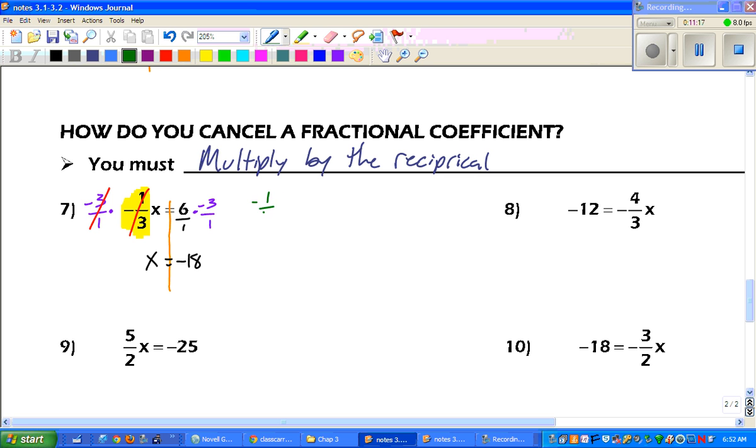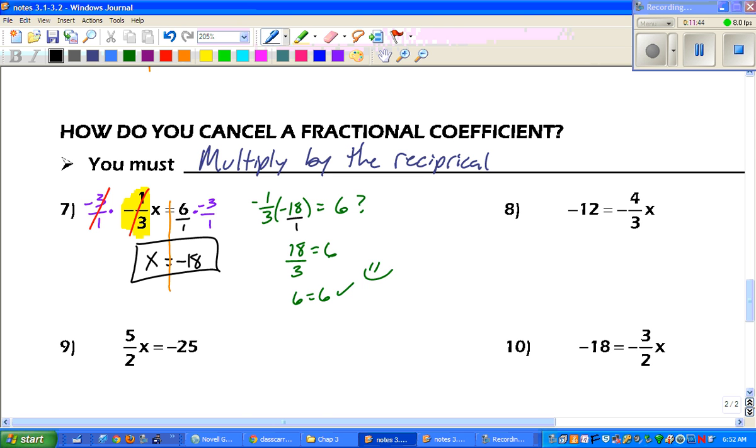Okay? Now to do the check right here, does that equal 6? Negative 1 times negative 18 gives us 18. 3 times 1 gives you 3. 18 divided by 3 gives you 6.